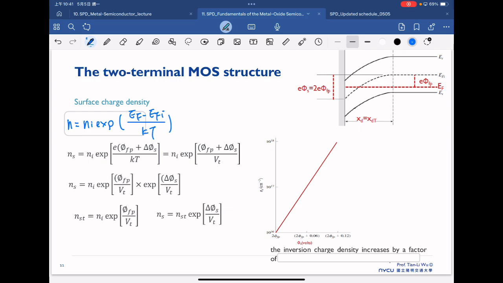But now, Ns can also be expressed by this, because EF minus EFi is equal to phi FP. But now if we apply an additional gate bias, the additional gate bias will cause this delta phi s. So the delta phi s is due to the applied bias.